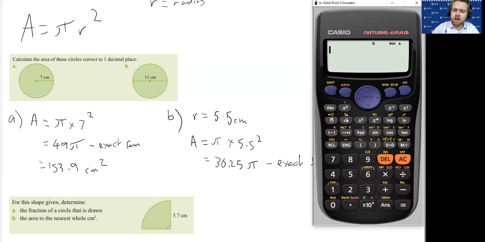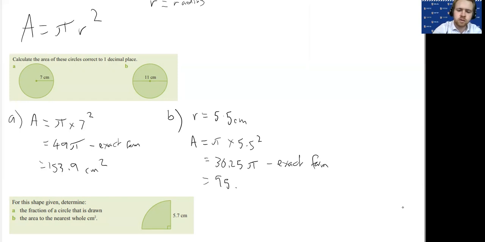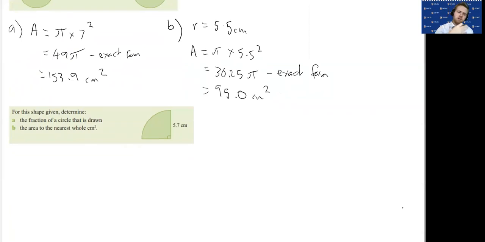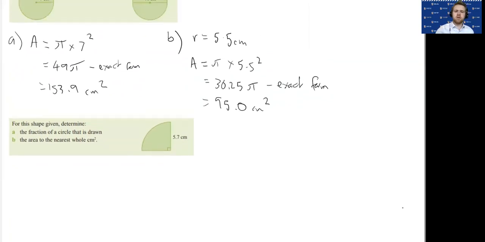If you're asked to do it to one decimal place, though, you do need to add the pi in and then round your answer. So it's going to be 95.0 centimeters squared. You've got to write the 0.0 because it says to one decimal place. Even though 95.0 is the same as 95, you've always got to show the one decimal place.